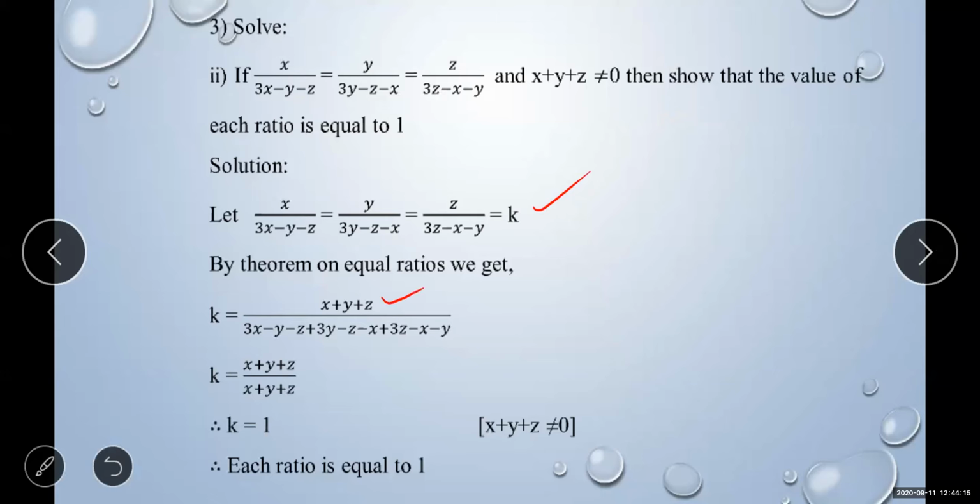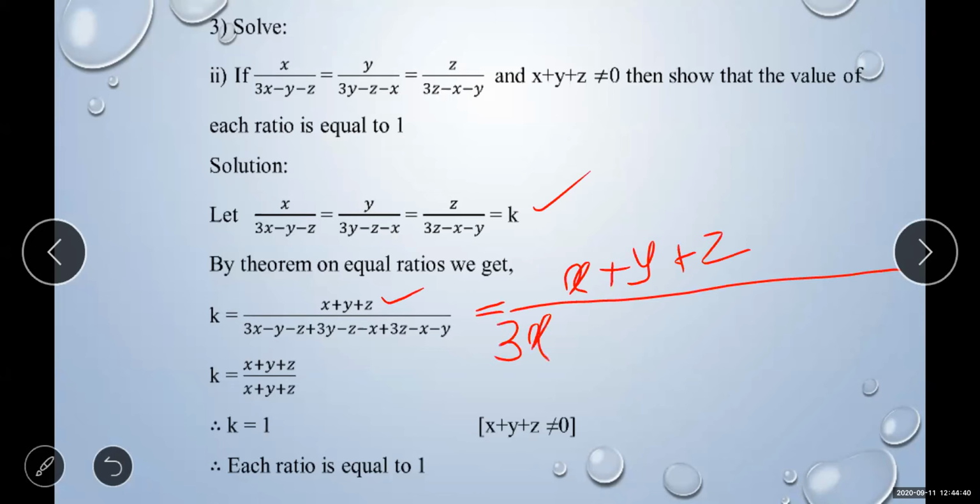When we add the numerators, we got x plus y plus z upon 3x minus y minus z plus 3y minus z minus x plus 3z minus x minus y. Now the next step, x plus y plus z is the numerator. Now the denominator, 3x as it is. Now just look here, minus x, 1 minus x, second minus x, minus 2x.